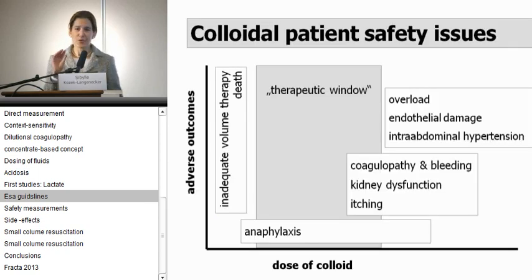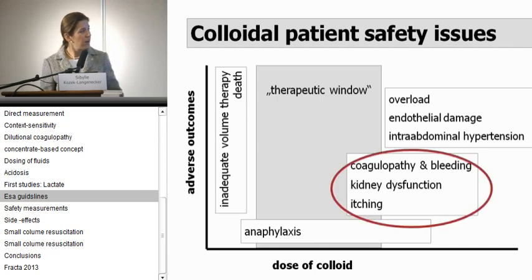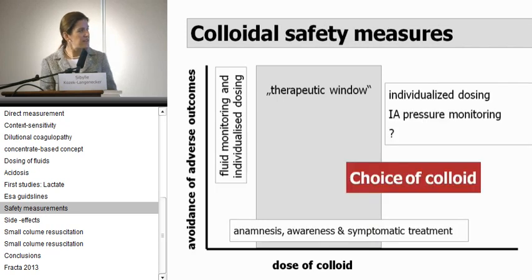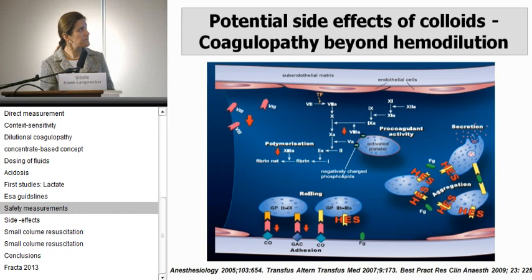But what about the third aspect of our decision making, the harms and burdens? Colloid patient safety issues need to be considered, and it is harmful to give too little, but it's also harmful to give too much. So there's a therapeutic window, and these side effects need to be considered, and it is definitely affected by the choice of the colloid we take.